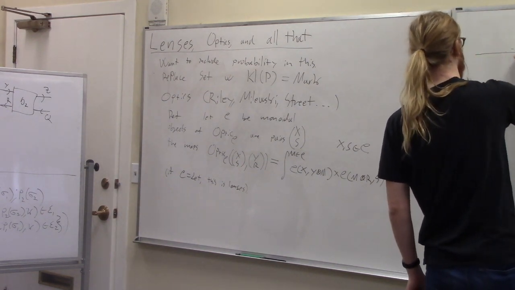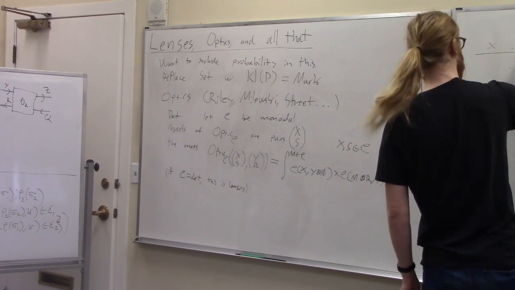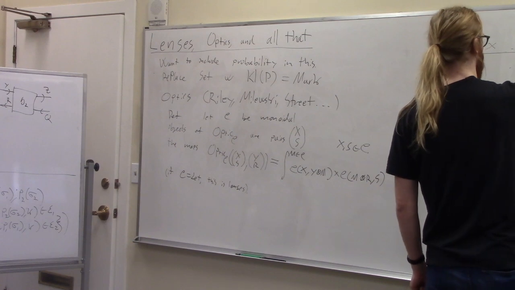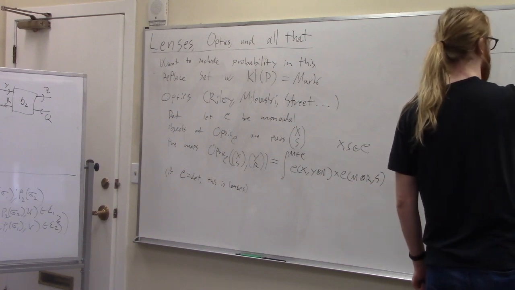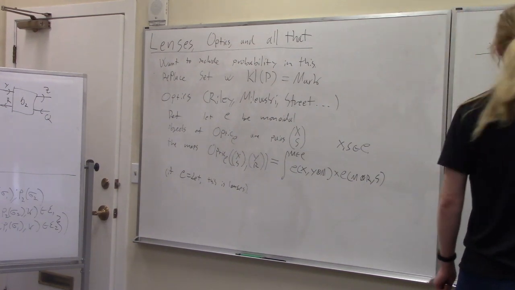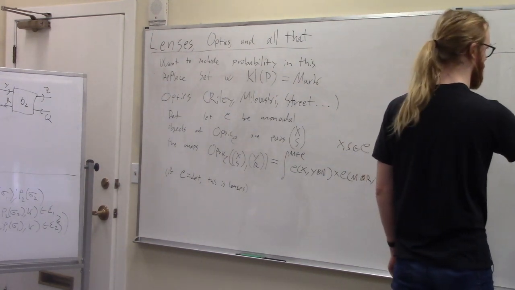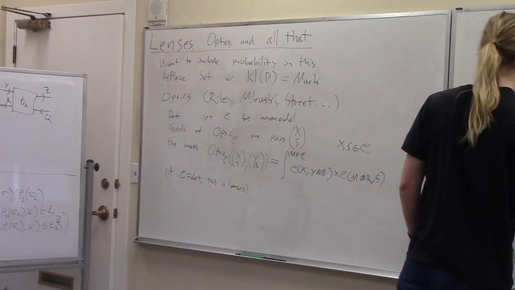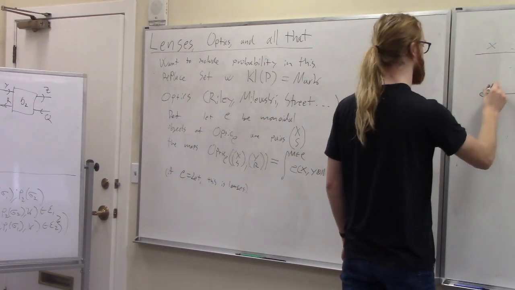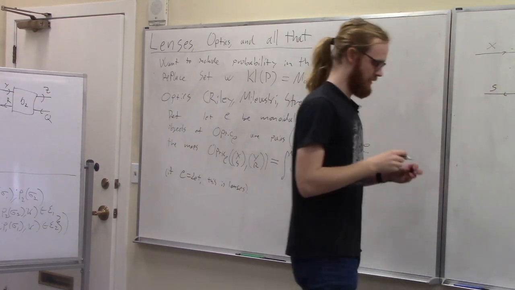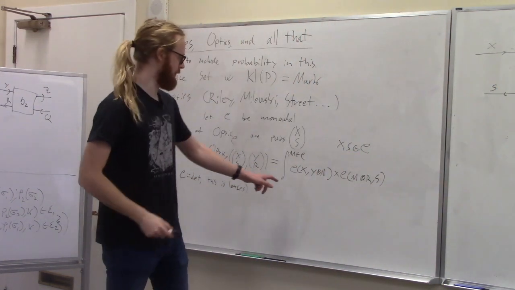There's a map from X, and then it produces Y and also M, and then there's a different map that takes in M and also R and produces S. That's what this says.